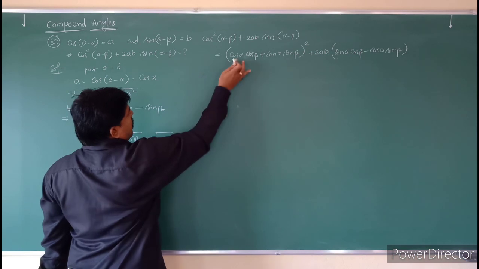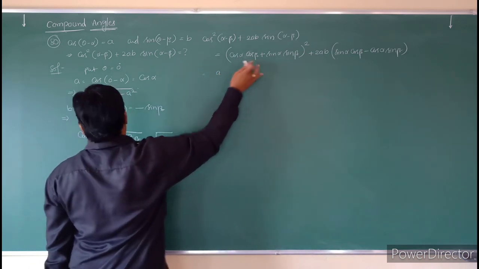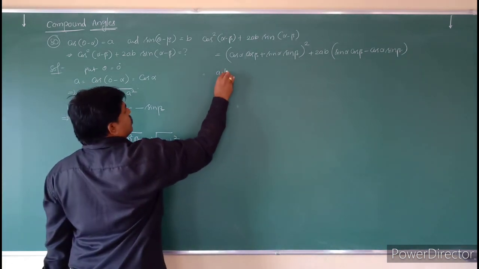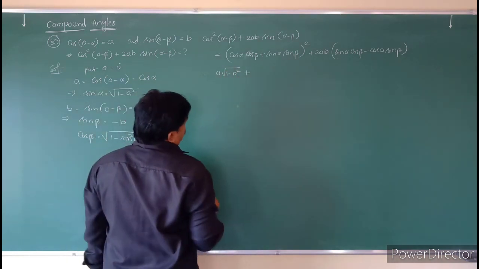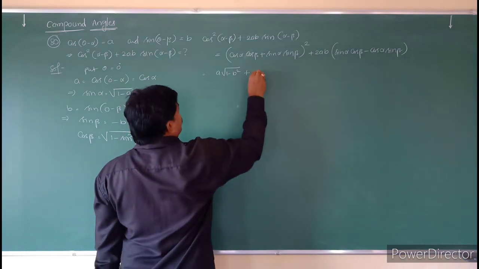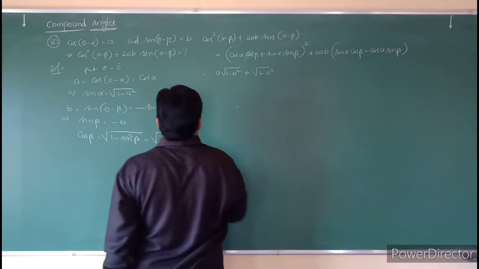That implies cos alpha. See that one, cos alpha is a. Cos beta is root of 1 minus b square. Plus sin alpha. Sin alpha is nothing but root of 1 minus a square. Sin beta value is b.